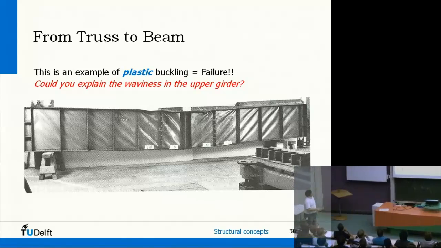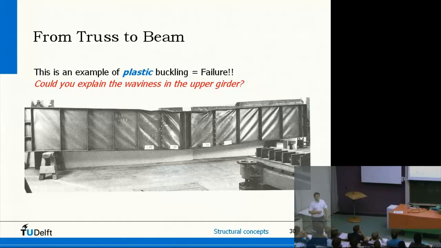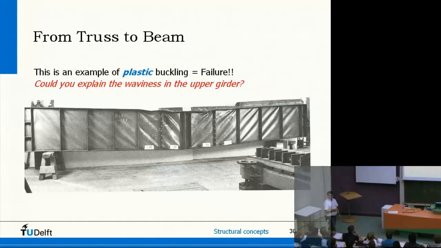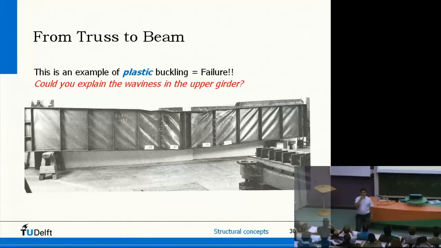Any idea why, for instance, you also have some waviness in the upper girder? Why is that? Gravity? Not the gravity. The vertical beams? No. Pulling? No. What are the loads if you have a beam?